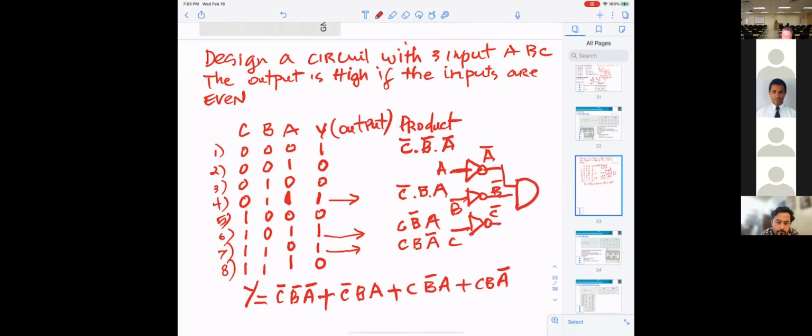One here, one here, one here. Output will be not A, not B, not C. That means you have to draw the circuitry, everything. Then you can build the circuit.